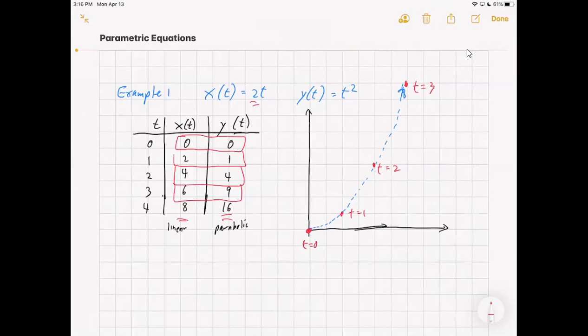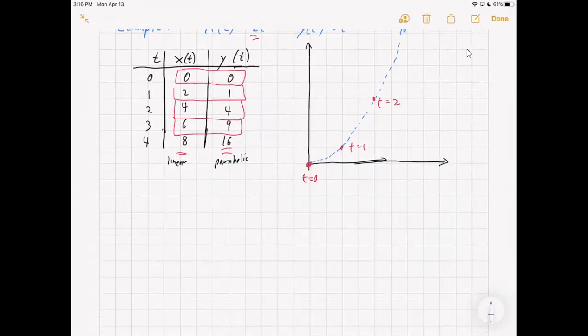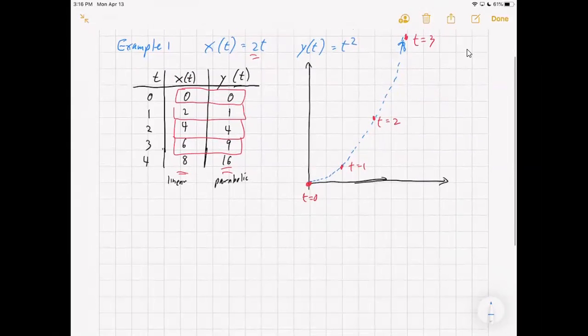Now, I said this would be a parabola. I can quickly prove that. You're used to algebraic parabolas. Let me scroll down just a little bit here. If x is equal to 2t, I could say that t is equal to x over 2. And since y equals t squared, y must equal (x over 2) squared. So it's pretty easy to see that y must be 1/4 x squared, which is a pretty classic parabola.